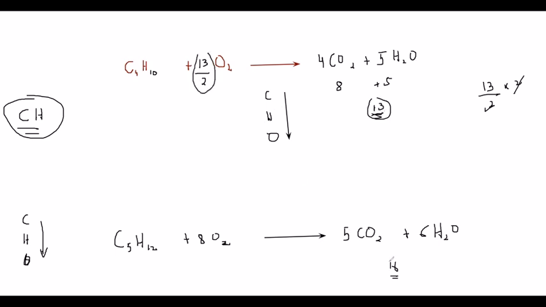But if there is an even number, for example 2, 4, 6, 8, 10, 12, 14, 16, then at this point, you will have a whole number. If an odd number of oxygen are there, then you will have a fraction. Is it clear?